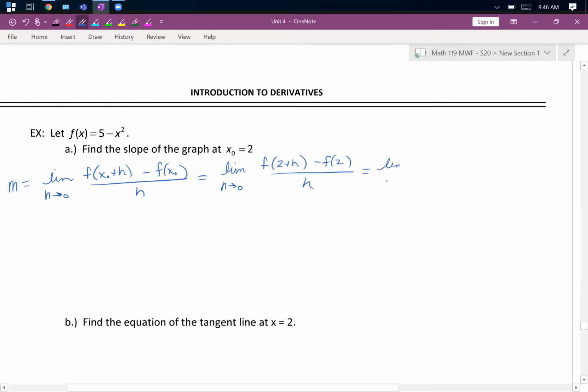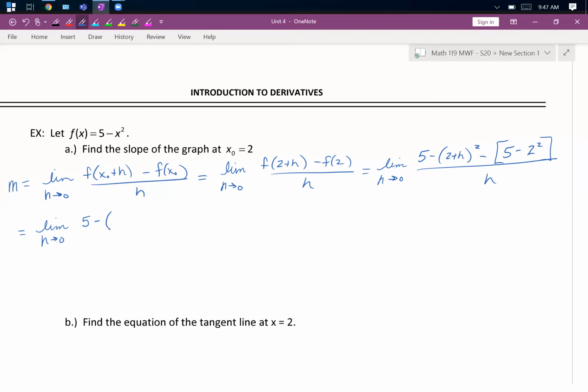So this will be the limit as h approaches 0 of 5 minus (2 plus h) quantity squared minus (5 minus 2 squared) all over h. Those will be the limit as h approaches 0 of 5 minus... So hopefully you're learning that shortcut for squaring a binomial.